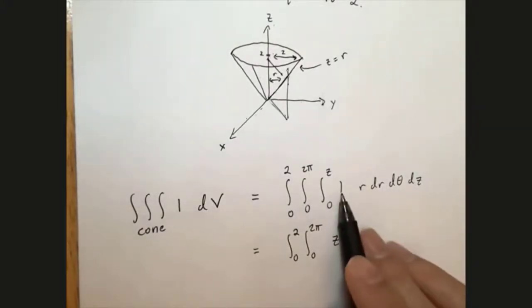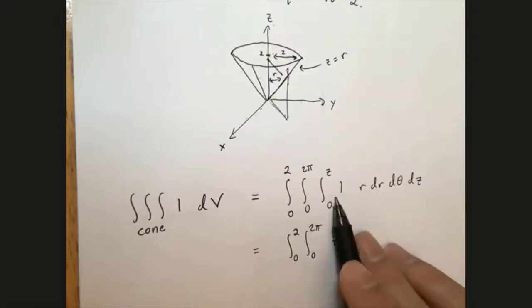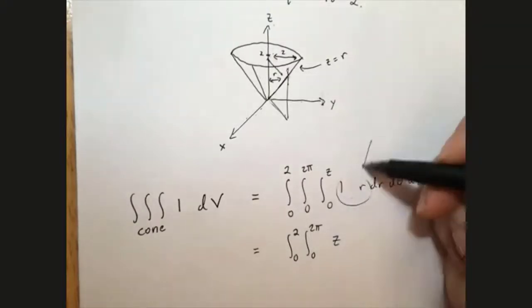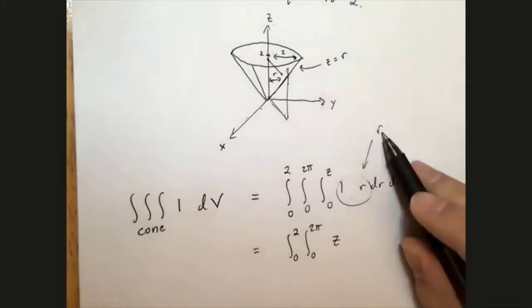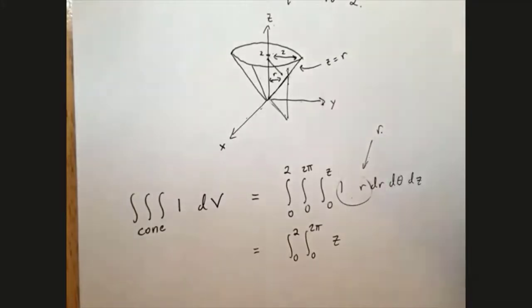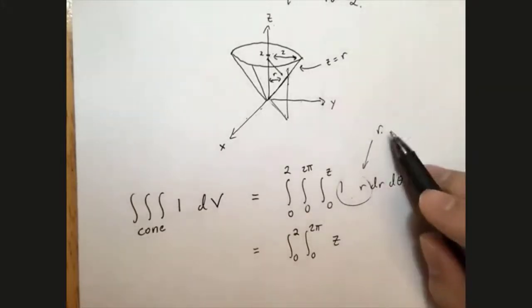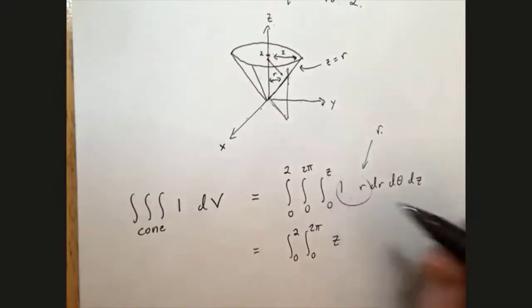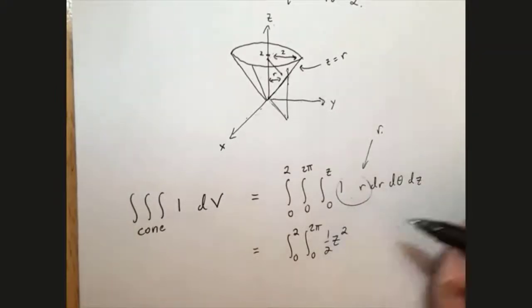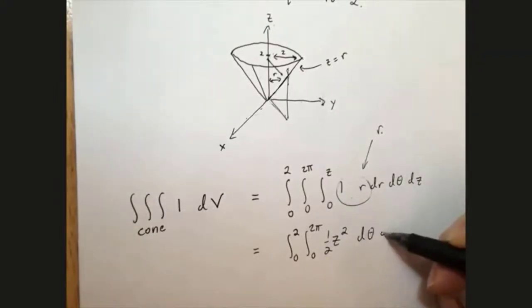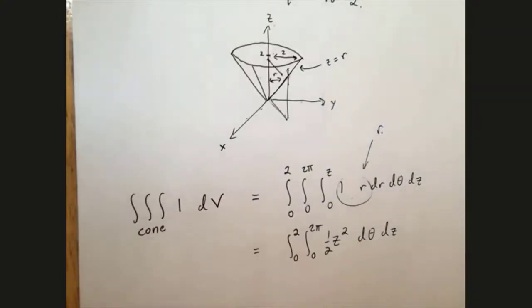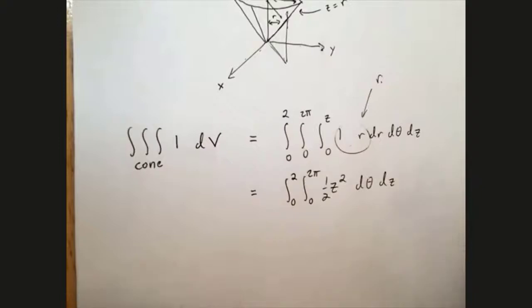It's not 1, it's 1 times r. So this is an r, that simplifies to r. So the antiderivative is 1/2 r squared. Okay, I thought that was going to be too easy. So I evaluate that from 0 to z, I get 1/2 z squared. Almost forgot about that r. It's easy to do that, so be very careful about that.